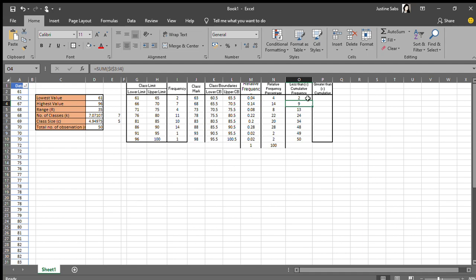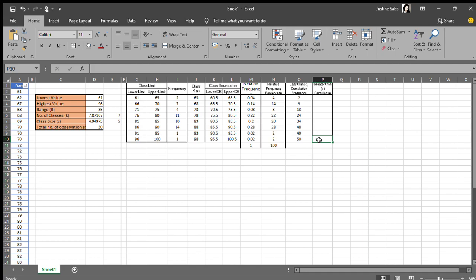The clue I give to students, to know that what you did is correct, is that the first frequency is similar to the first less than frequency, and the last less than cumulative frequency would be equivalent to the total number of observations. For greater than cumulative frequency, our reference is the bottom part, the last frequency.